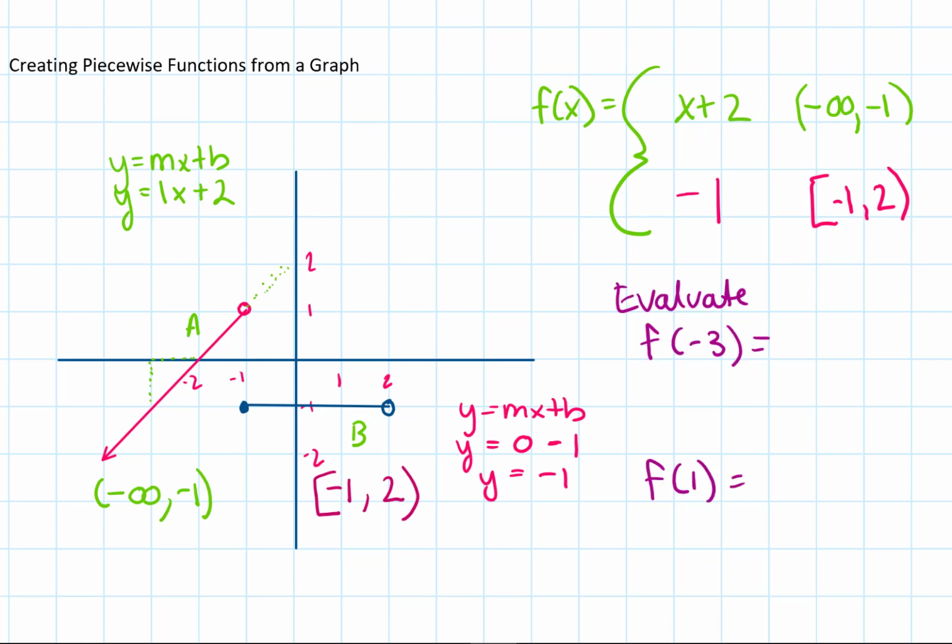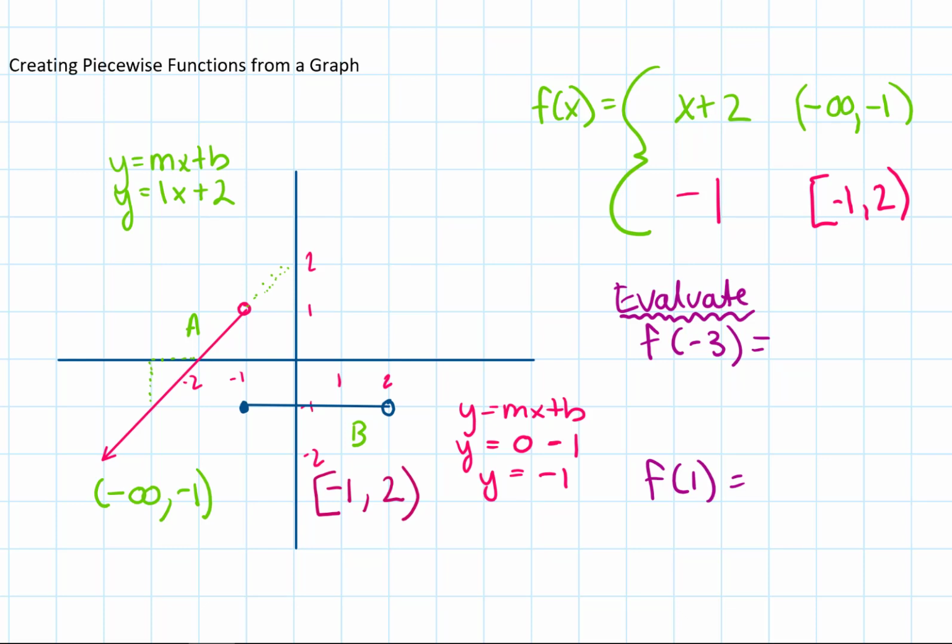The next thing we can do is actually evaluate our piecewise functions. So what that means is the question is going to give us an x value, and it wants a y value in response. So the most important thing to remember here is that the x values can only be plugged into one of the two equations above.